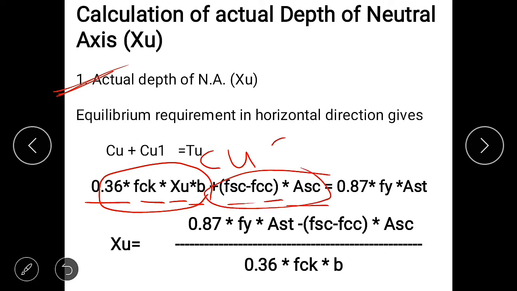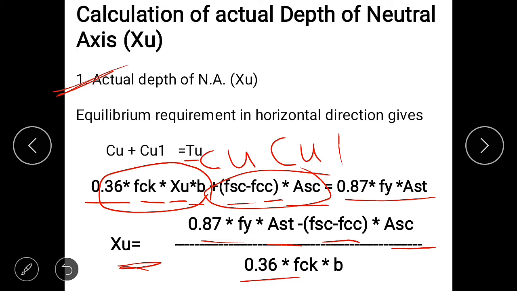And Tu is 0.87 fy into AST. So Xu is equal to 0.87 into fy into AST minus fsc minus fcc into ASC, divided by 0.36 into fck into b.